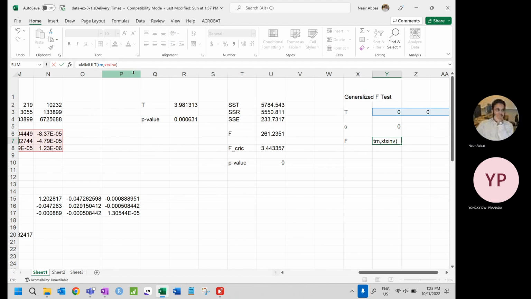It's the T matrix multiplied by X transpose X whole inverse. Then another multiplication by the transpose of the T matrix, and again, outside, put a matrix multiplication.